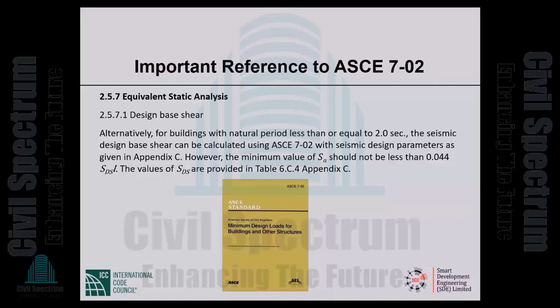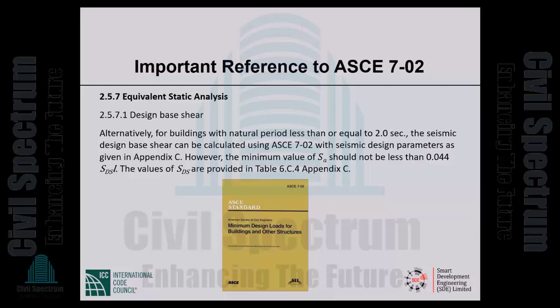It says alternatively to whatever the BNBC tells you to do, which we will look at, for buildings with natural period less than or equal to 2 seconds, the seismic design base shear can be calculated using ASCE 7-02 with seismic design parameters as given in Appendix C to BNBC 2020. We'll look at all of that. However, the minimum value of S_a should not be less than 0.044 S_ds times I. The values of S_ds, okay, those details are unnecessary.